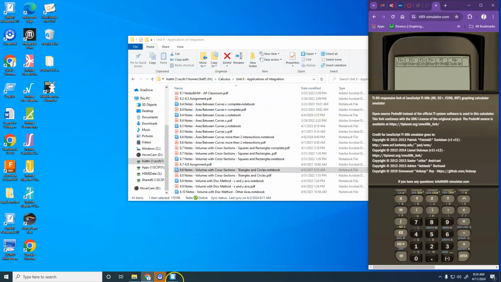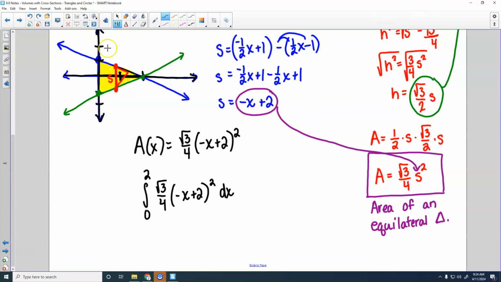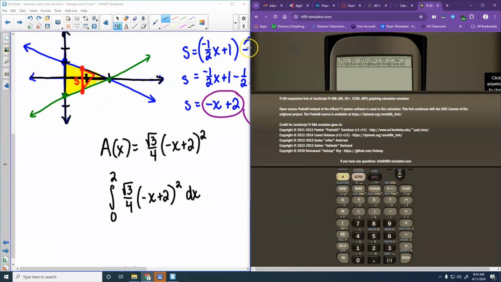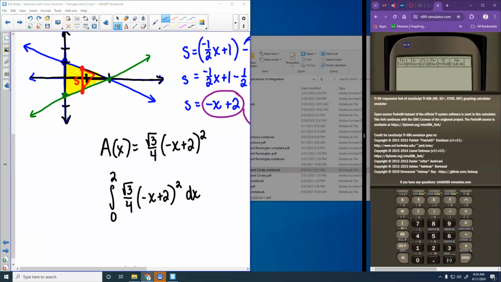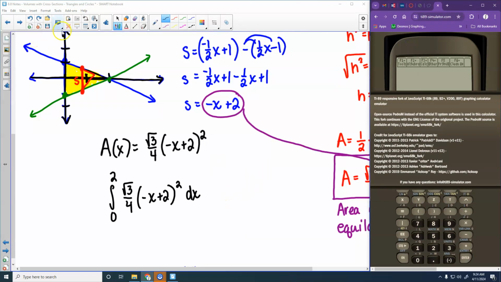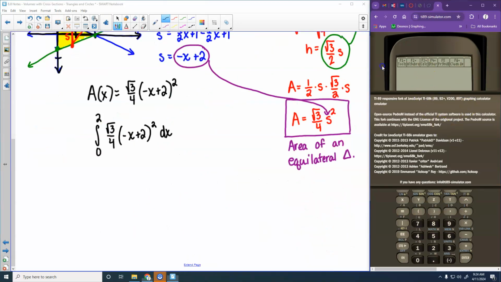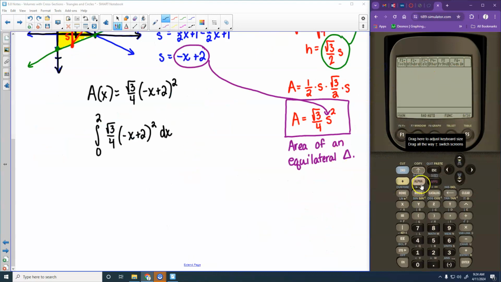So let's use our calculator to type this in. You can use Y1 if you want, or you can just type it in. I think I'll just type it in on this one.